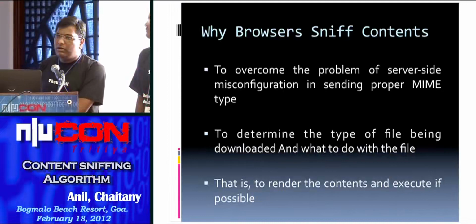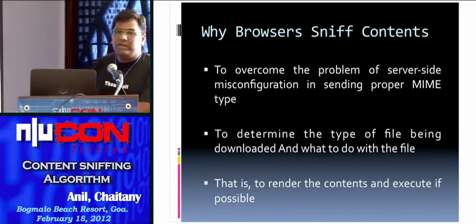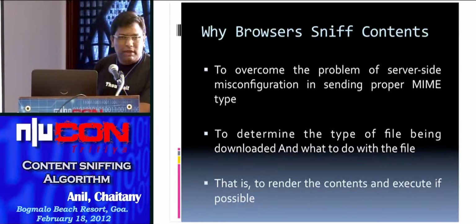Generally, whenever a server sends a file to a browser, basically an uploaded file which a browser needs to download and execute on its own, the browser looks for a content type based on which it understands what type of file it is and what it is supposed to be doing with that file.